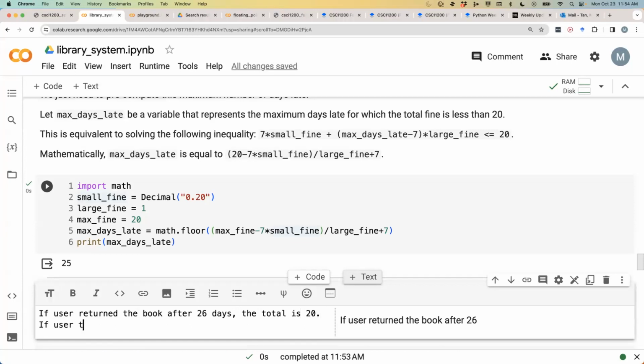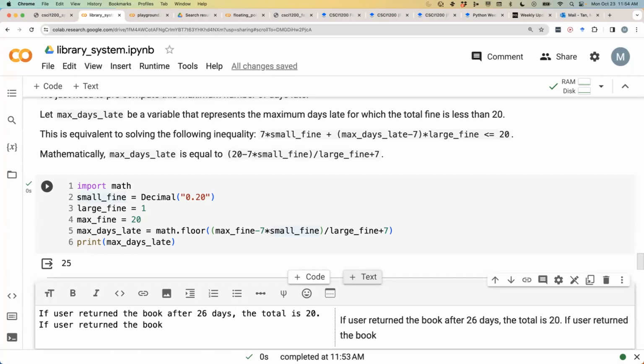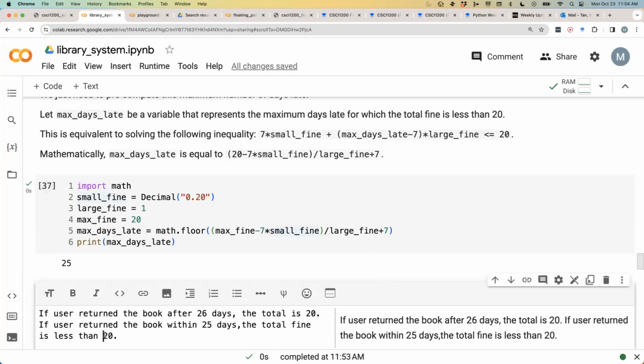If the user returns the book within 25 days, the total fine is less than or equal to $20.